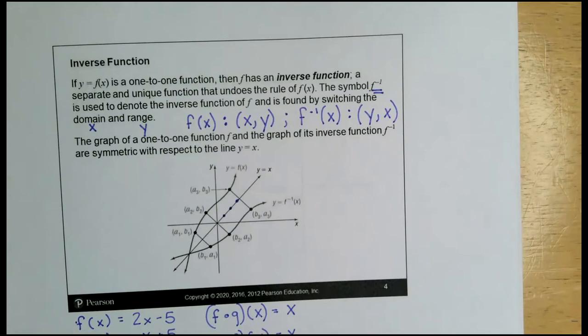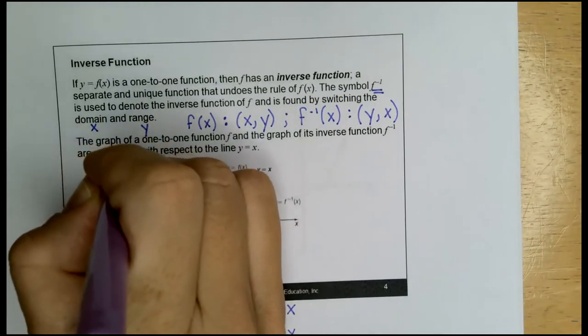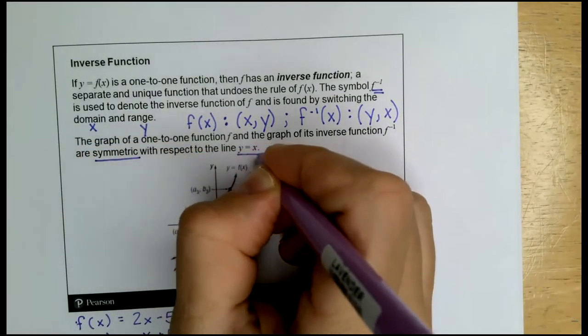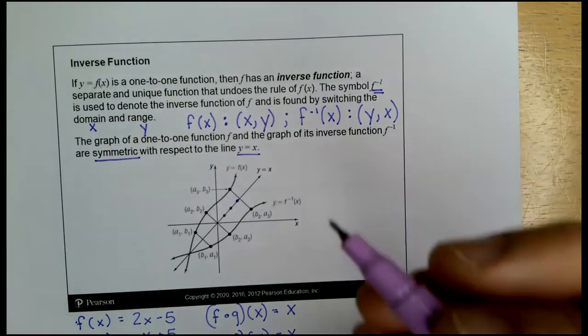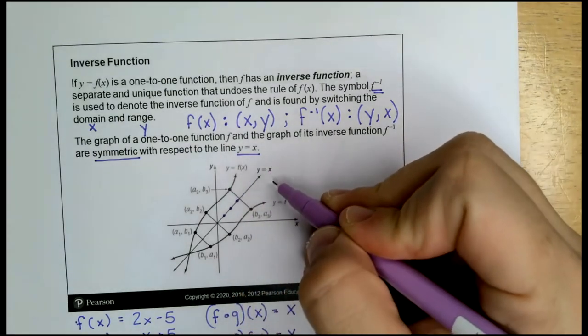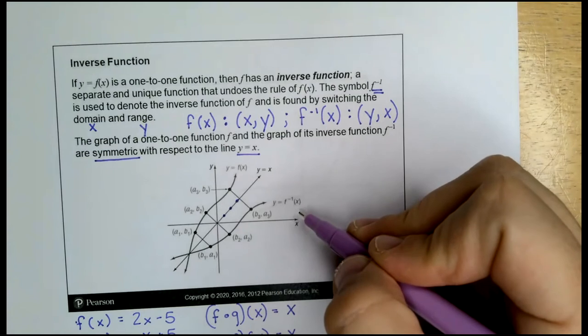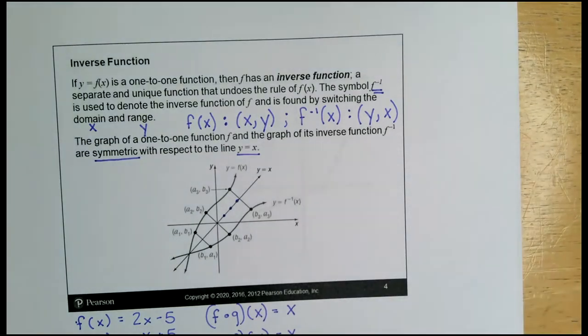So let's look at this. It is symmetric with respect to the line y equals x. We have y equals f of x, we have y equals x, and we have y equals the inverse of f of x, okay?